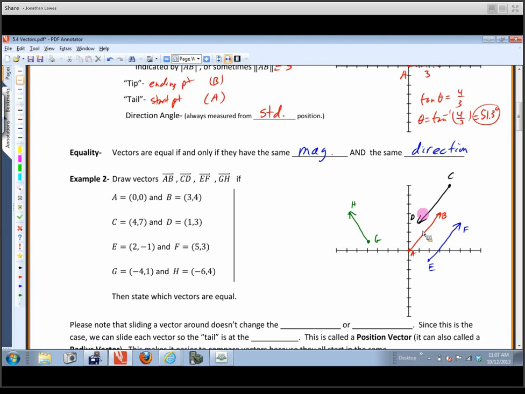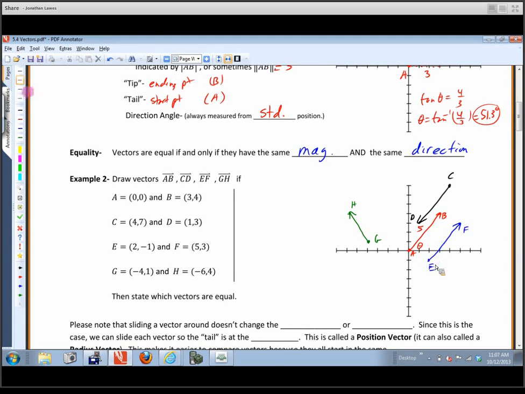We already figured out that the magnitude of vector AB was 5. Okay, we went over 3 and up 4. And so we could figure out that angle right there, that direction. And keep track of this, because this is also a nice way, if we've already got it geometrically represented, to tell whether or not they're headed in the same direction. I went over 3 and up 4 to get from the tail to the tip.